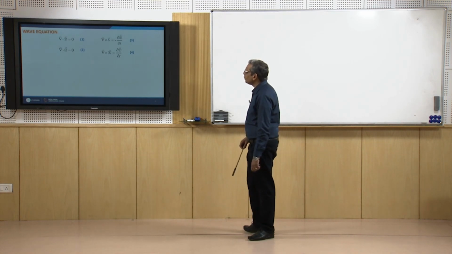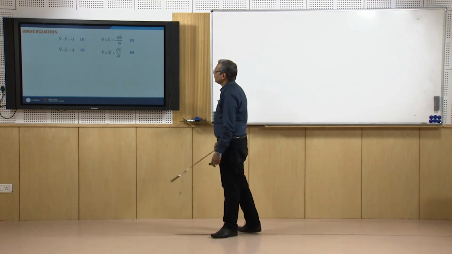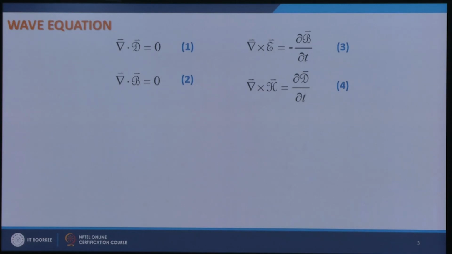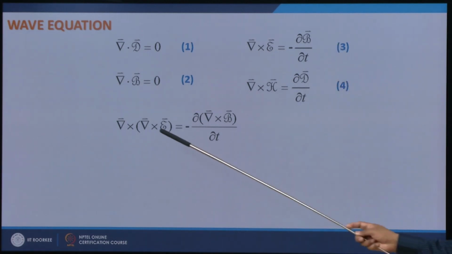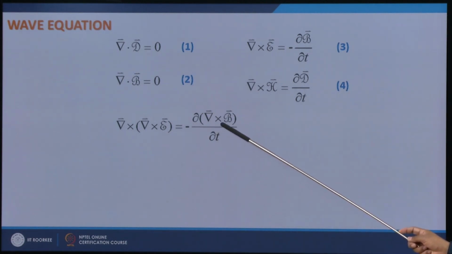In order to form the differential equation, let me again look at the 4 Maxwell's equations, and then let me do some mathematical manipulations. So, I take the curl of equation 3. So, I get del cross del cross E is equal to minus del cross del B over del t.